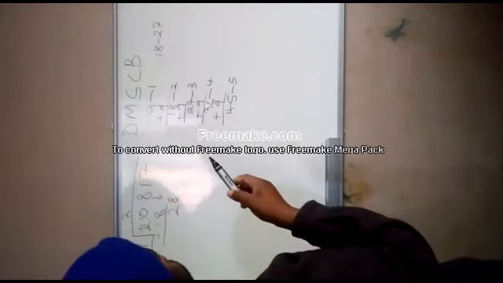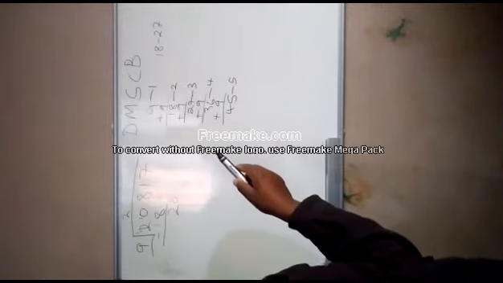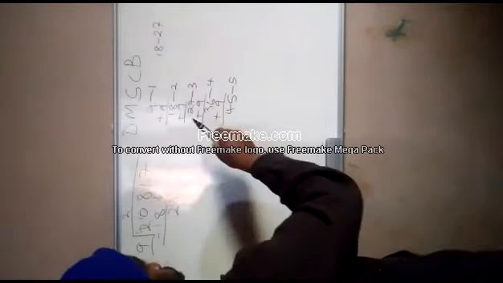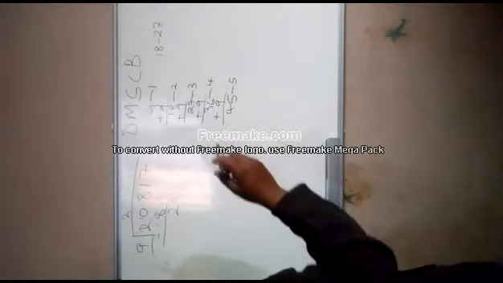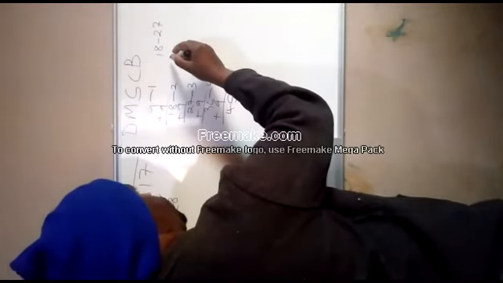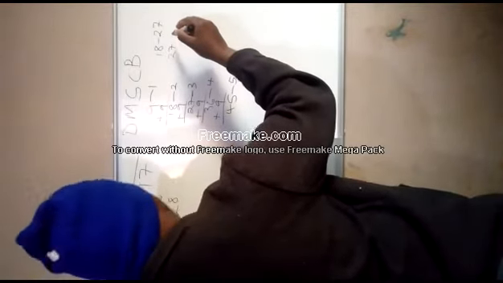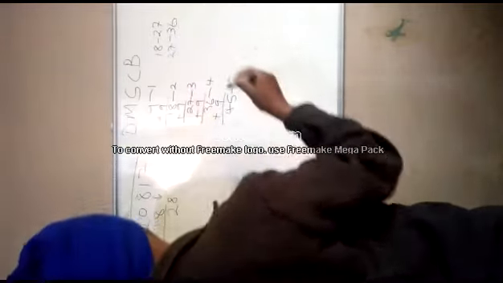Again, we look at two multiples of 9 between which we can find 28. So it is 27 and 36. So 28 can be found between the multiples of 9, which are 27 and 36.